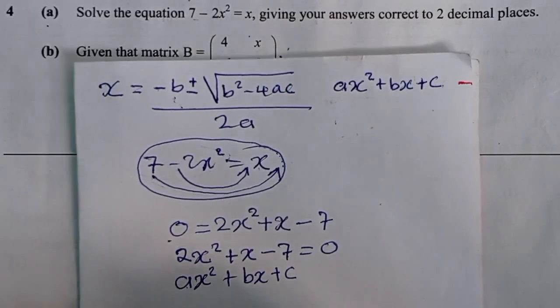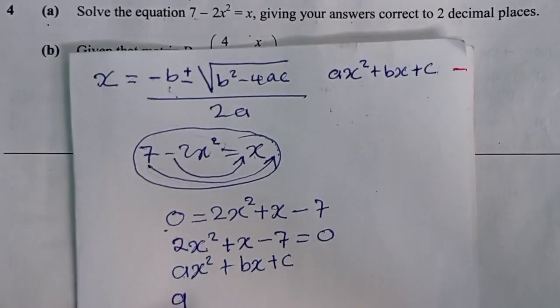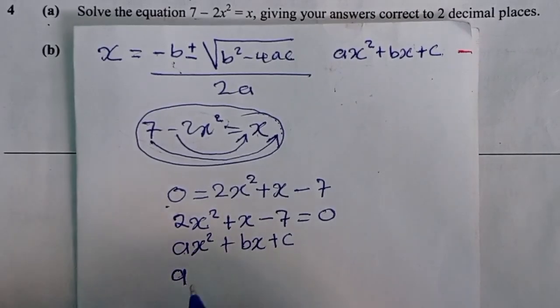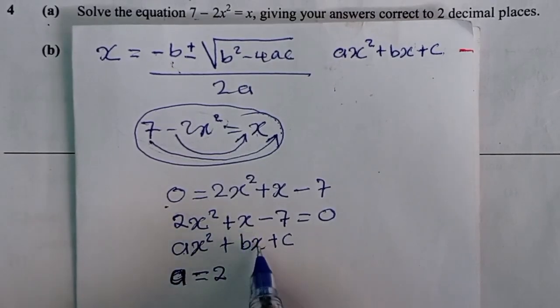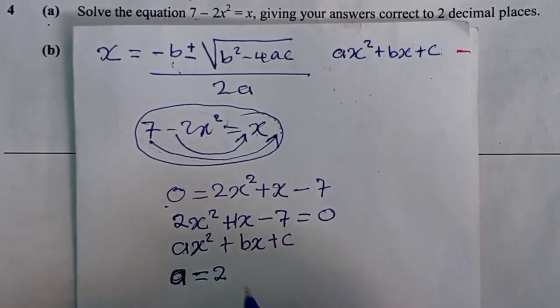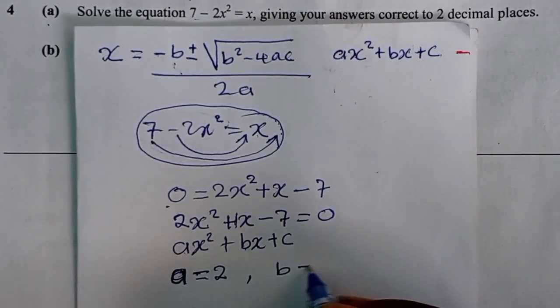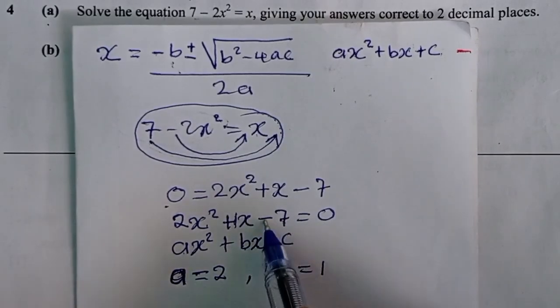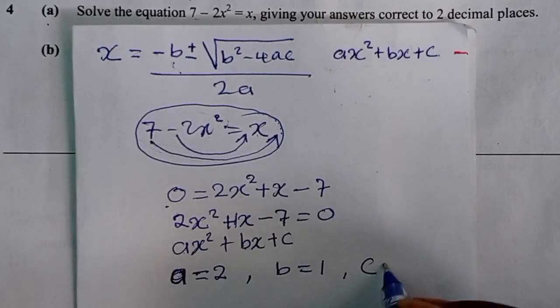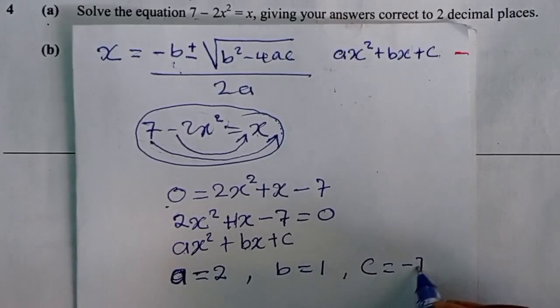So the value for a is 2. Then the coefficient of x is b, and that is 1. Then c is negative 7.